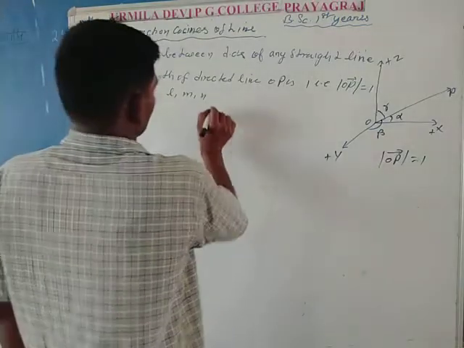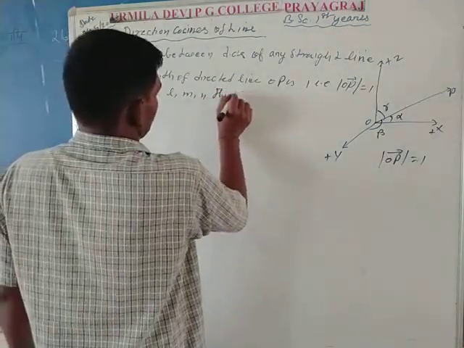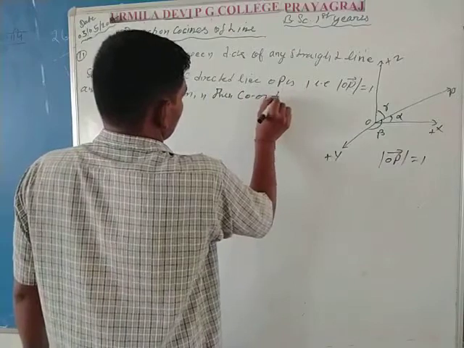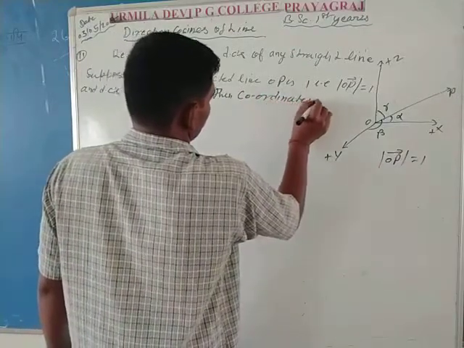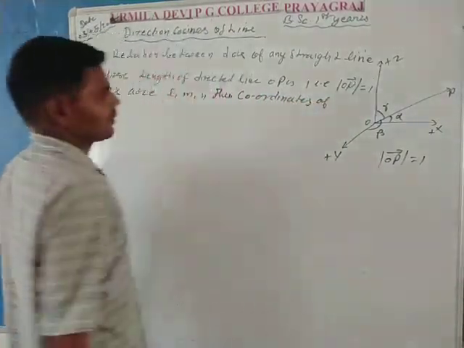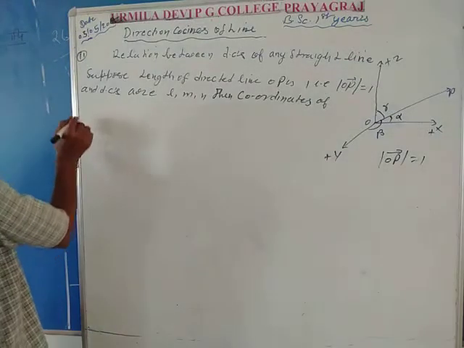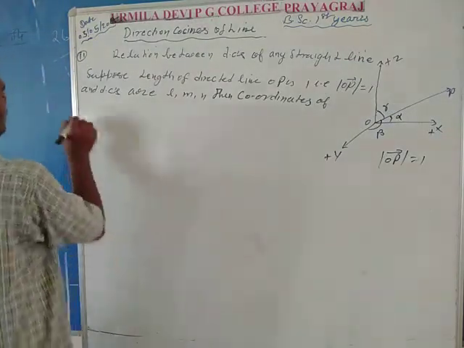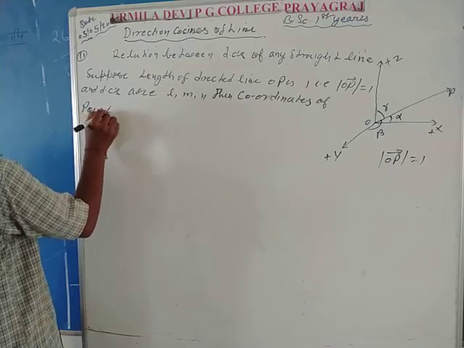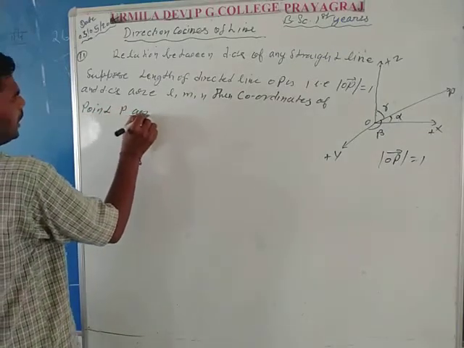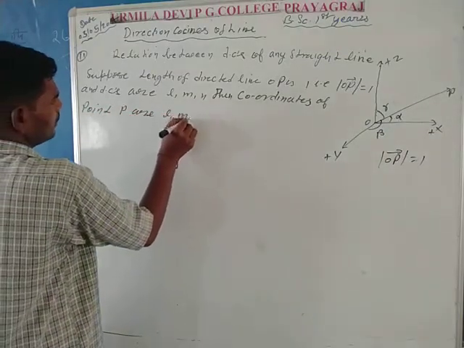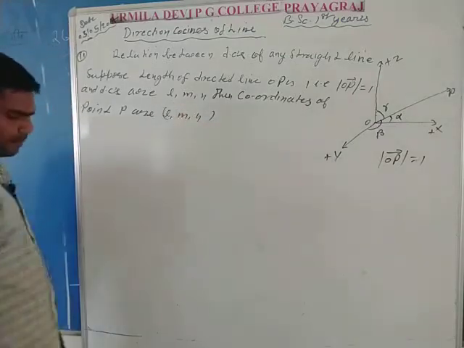Then the coordinates of point P are l, m, n.